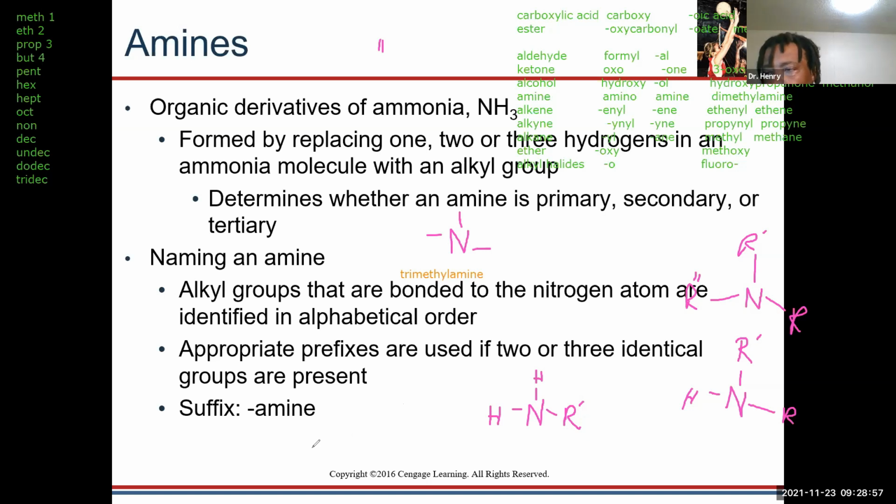If we have this amine, we name this guy ethyl methyl amine. Okay. Do you guys see that?